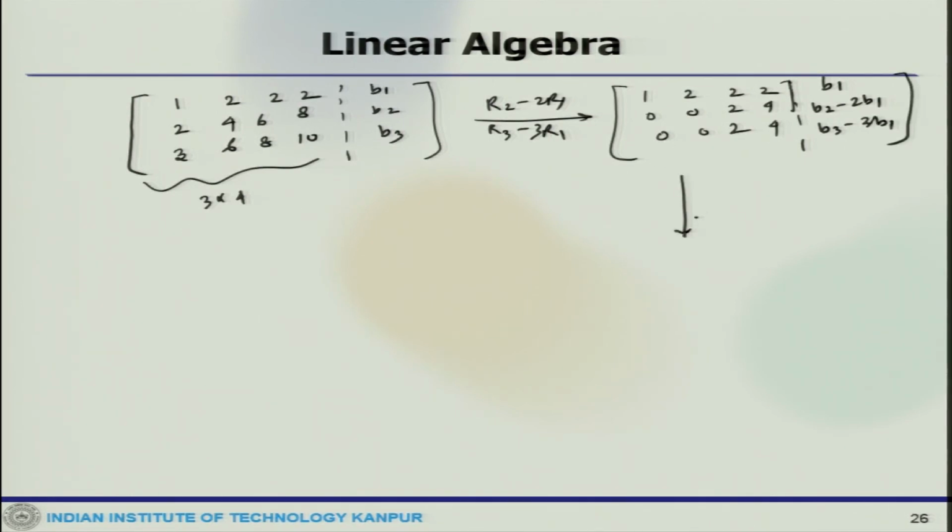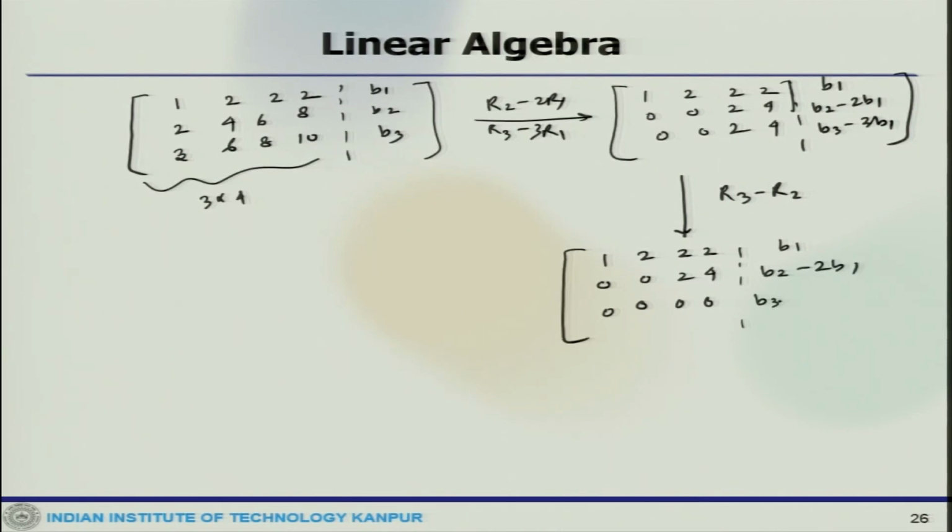Now the further operation R3 minus R2 gives 1 2 2 2, 0 0 2 4, 0 0 0 0, and b1, b2 minus 2b1, b3 minus 3b1 minus b2 plus 2b1, which would be b3 minus b2 minus b1.